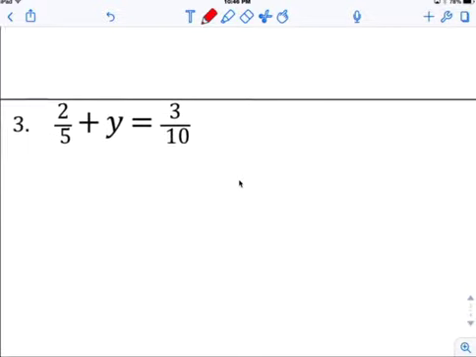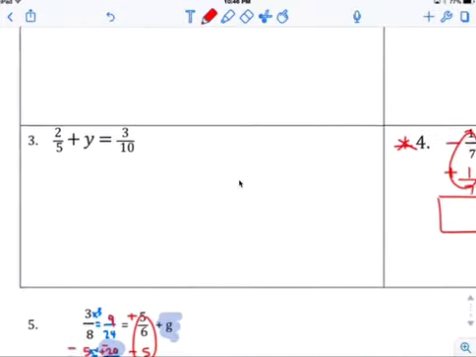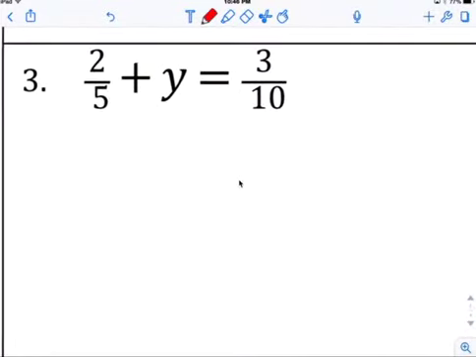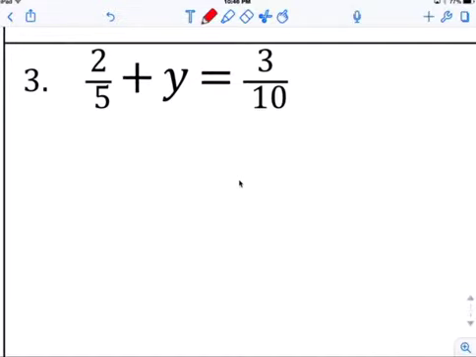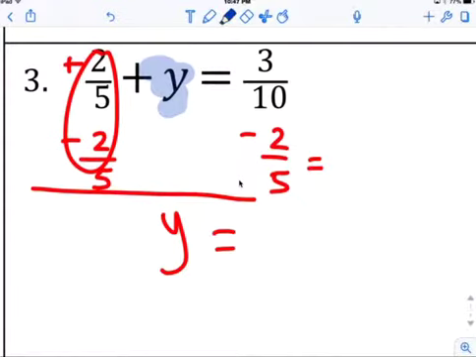This one here is actually a very important concept right here. It makes life easier. Isolate the variable y, so this is a positive 2, you minus 2 with the denominator 5. That's 0. 0 plus y is y, so same thing on this side, minus 2 over 5. The least common denominator is 10, leave that alone.